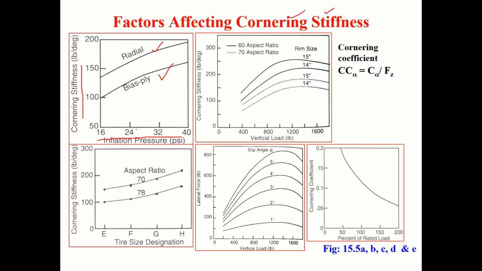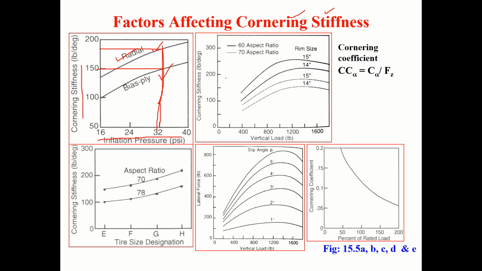So it's clear that at a given inflation pressure, let us say 32 psi, for a radial tire the cornering stiffness is high compared to bias ply. So it is better. The radial tire will offer better resistance, which means we can take a turn at much higher velocity with a radial tire compared to a bias ply tire.